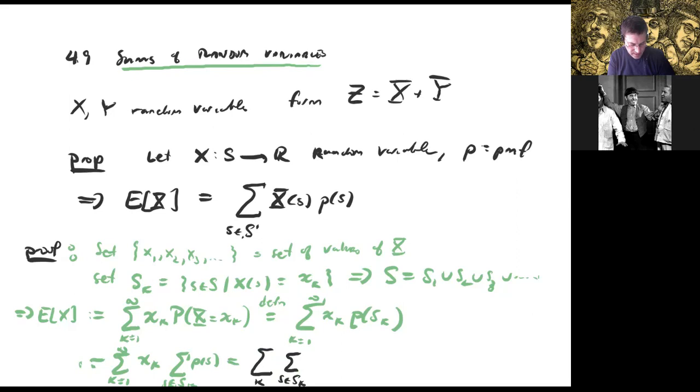But what is xk? xk is X(s) times p(s). But now this is a double sum. This is exactly the same thing as the following single sum. It's a sum over all s, I should say.